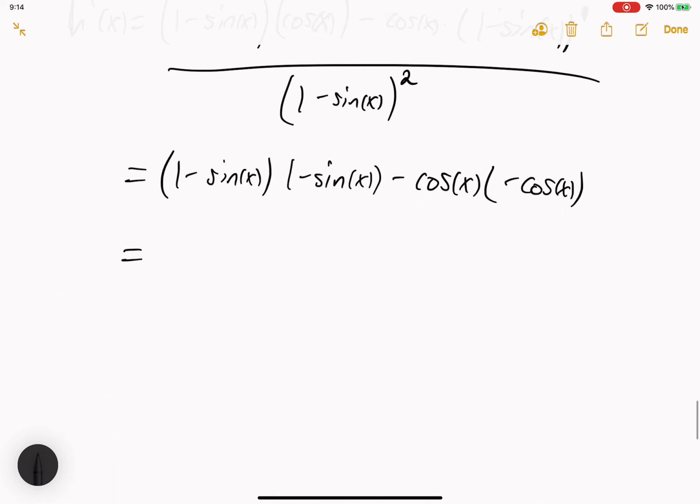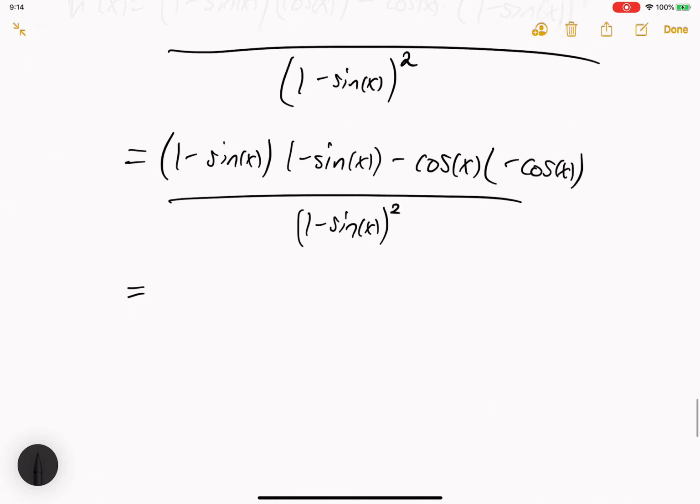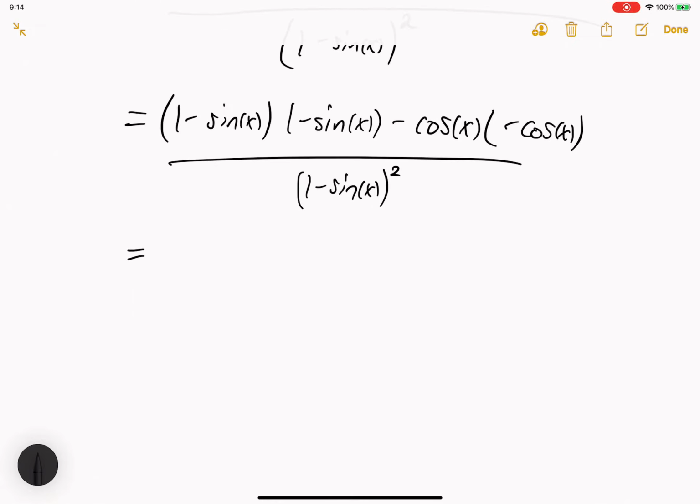Ideally in these kind of situations you'd want to simplify, but you don't necessarily have to. Oops, I forgot the bottom: 1 minus sine of x squared. Typically, if you stopped right here, that'd be fine. Ideally, I'd want you to keep going in these situations, especially with trig identities. And as I keep going, you'll see why.